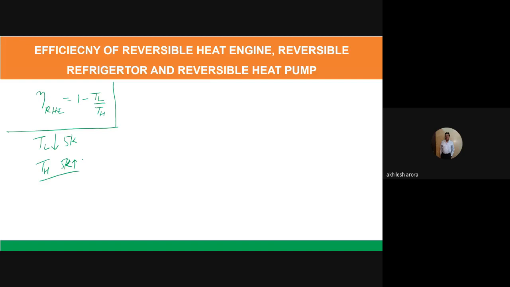Now let us discuss the reversible refrigerator. I have shown you that this is a reversible refrigerator. This is TL, this is TH, here it is QL, here it is QH, here it is W, reversible. So this is a reversible refrigerator, and now I am going to make a normal refrigerator.